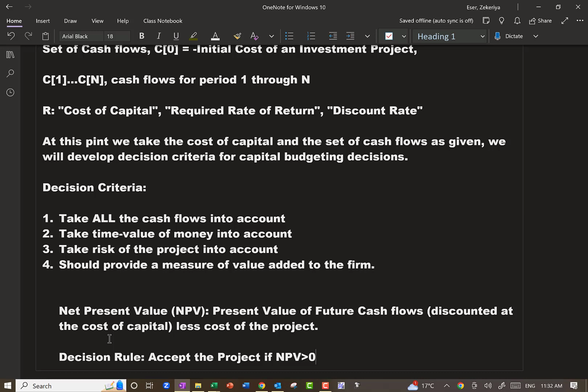Now let's think about what NPV does. Does it take all the cash flows into account? Yes or no? Why not? You're shaking your head. No, I'm asking the first one. Does it take all the cash flows into account?